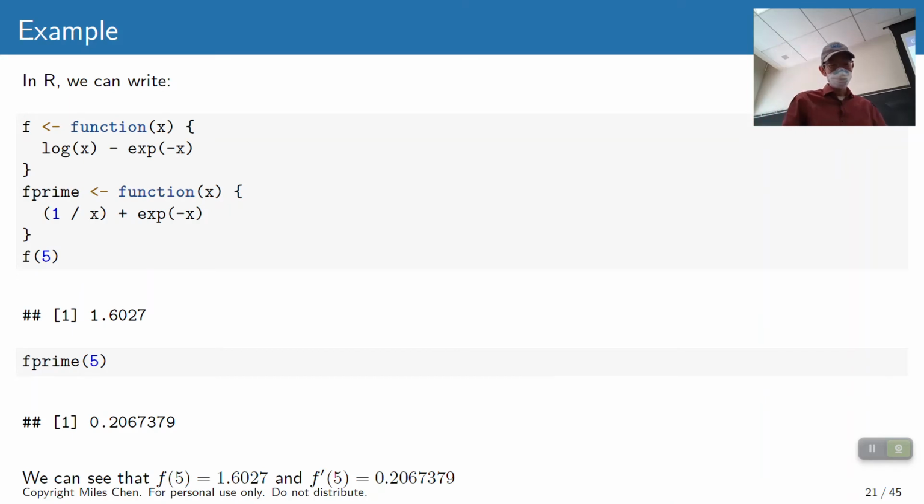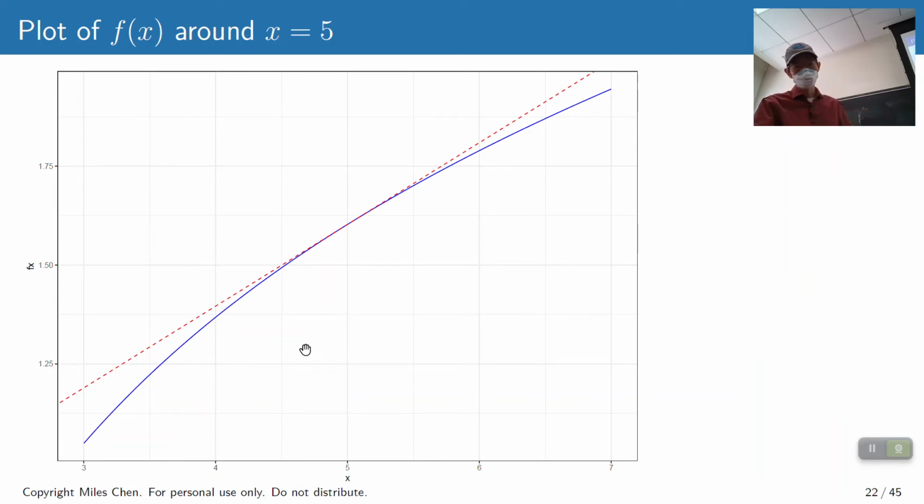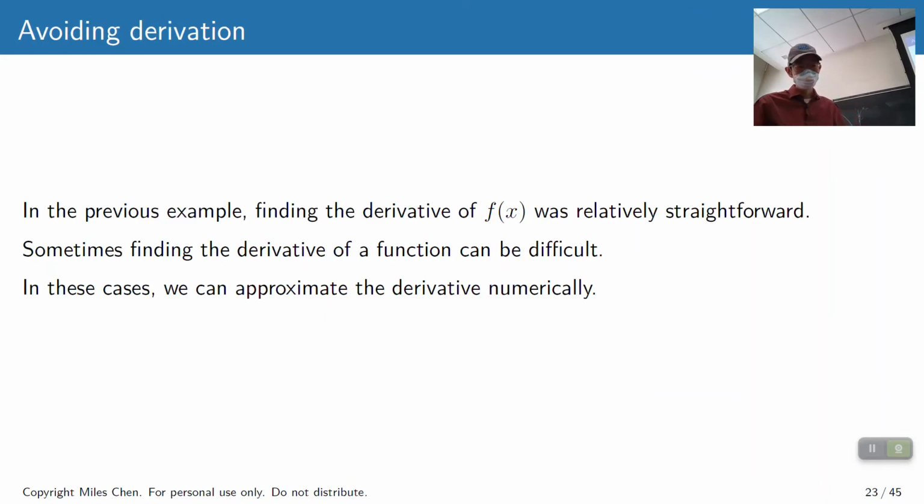That works. We can find f at some value, say 5, and we can find the derivative at that value 5, which is 0.2067379. So this is the function, here's our tangent line, and that's the slope of the tangent line.